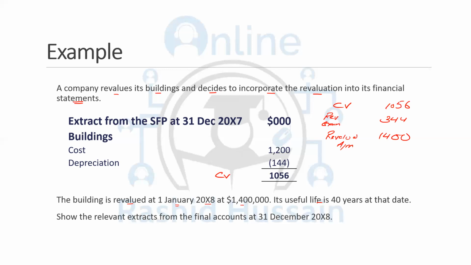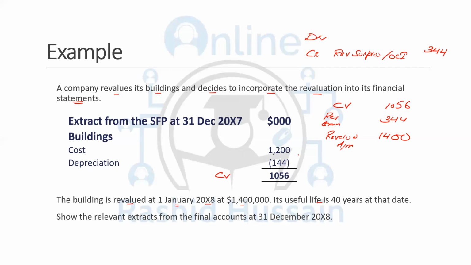Now I'm going to write the double entry, which is something very important because many students make a mistake while writing it. How much is the revaluation surplus? Credit revaluation surplus or other comprehensive income by 344. And we have studied that whenever we are doing the revaluation, the previous depreciation will be de-recognized.